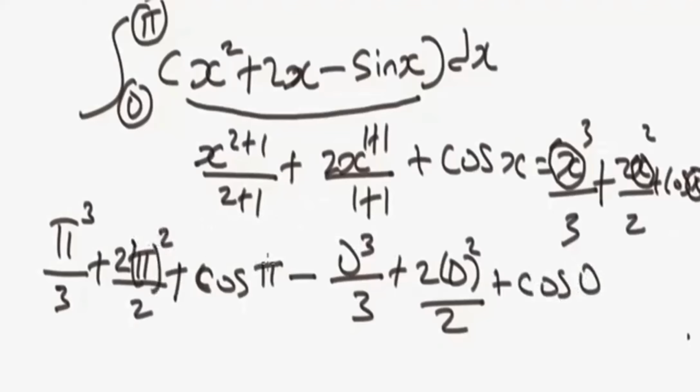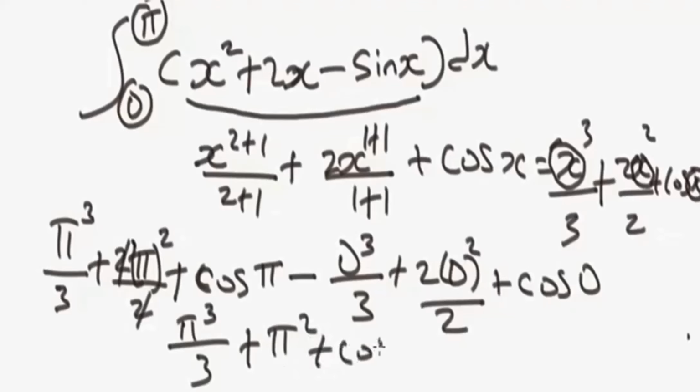Once you have done this, you simplify more. You're going to have pi to the power 3 over 3 plus pi squared, because the 2s cancel here, plus cos pi, minus 0 plus 0 plus cos 0.